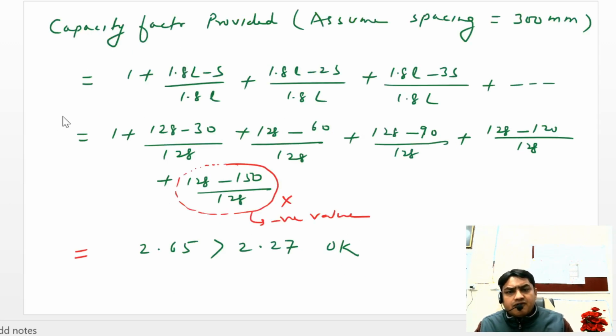So capacity factor provided can be computed by 1 plus (1.8 L minus S) divided by 1.8 L, plus (1.8 L minus 2S) divided by 1.8 L, plus (1.8 L minus 3S) divided by 1.8 L, and so on and so forth.